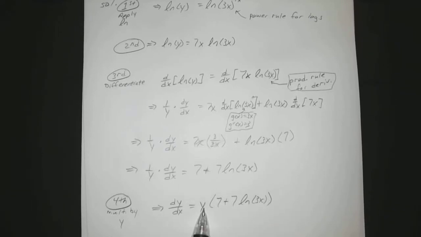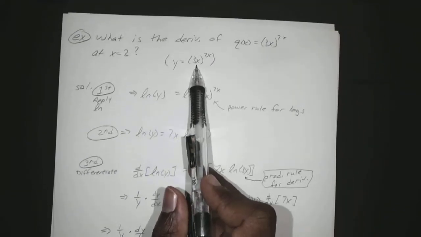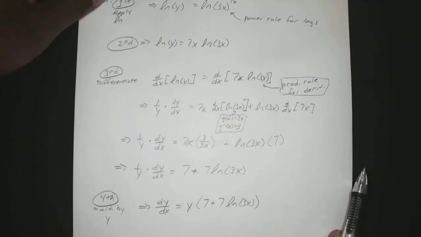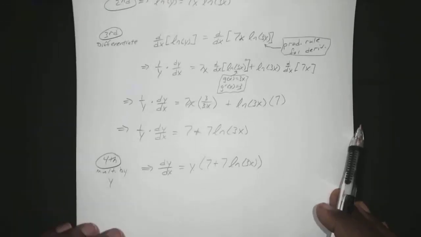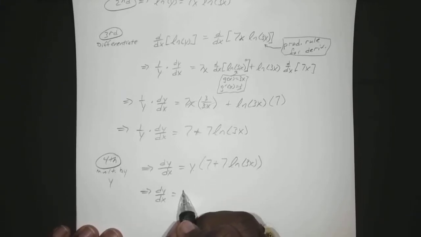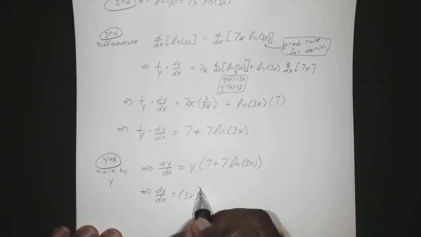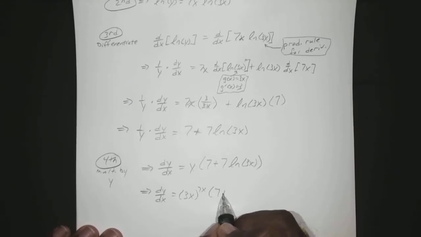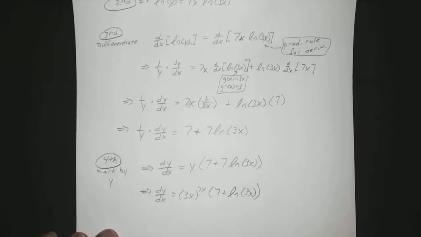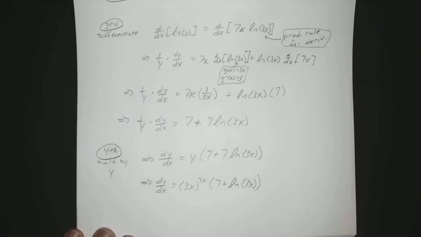Okay. And remember, we're just going to replace our y with our 3x to the power of 7x. Bring that up a little bit. So you have 3x to the power of 7x times 7 plus natural log of 3x as your derivative. Okay. But remember, we still have to plug in our x equals 2.